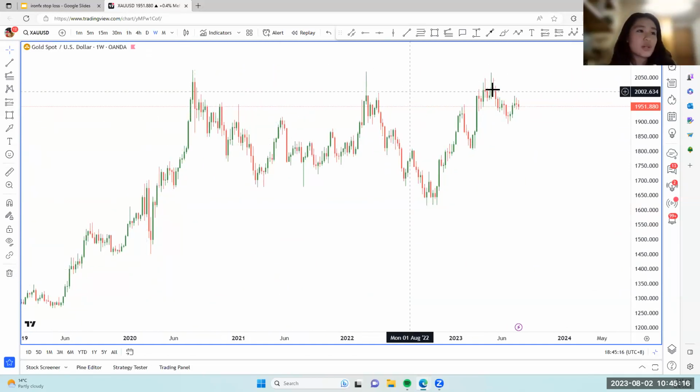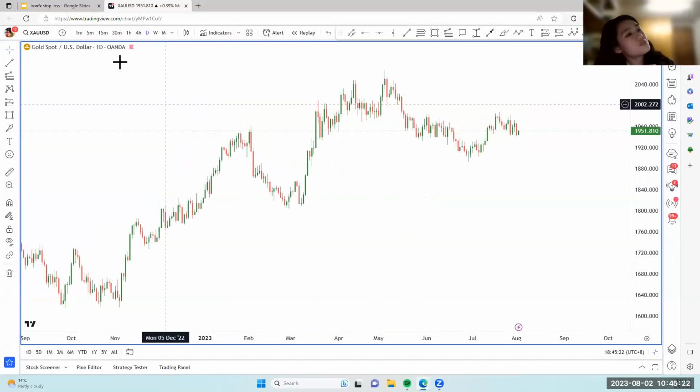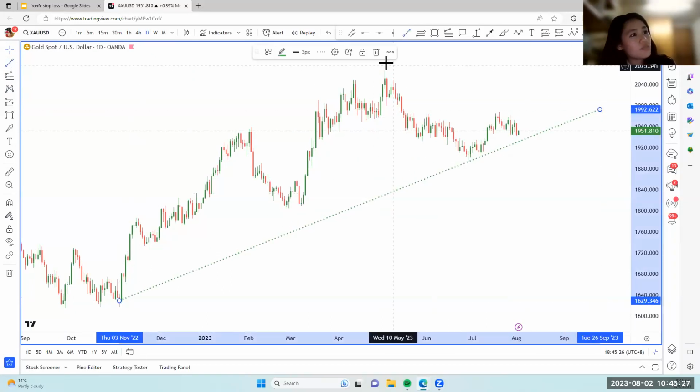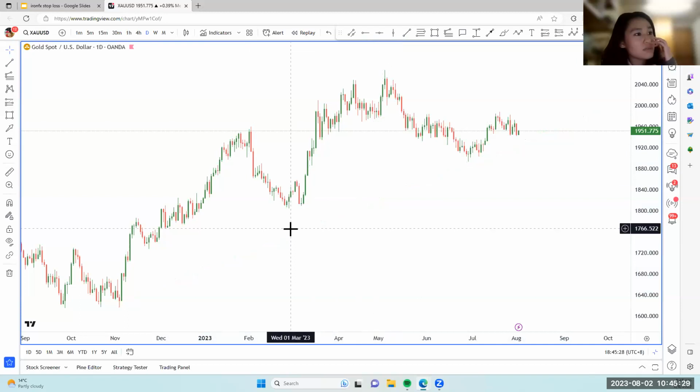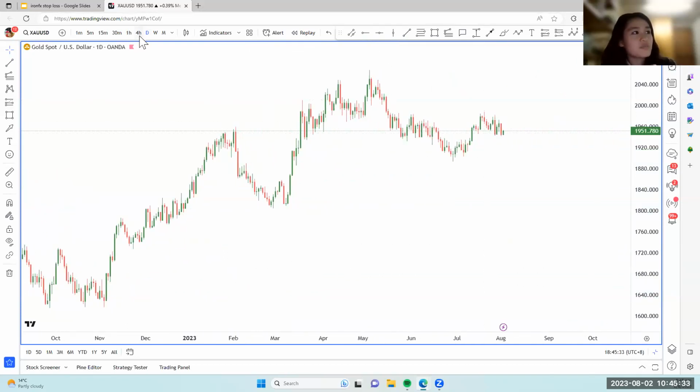We have these three swing highs. Price looks like it's moving upwards here. On our daily time frame, price is pretty bullish as well. Okay, this is not a valid trend line, but I think we can all agree price's general trend is upwards.